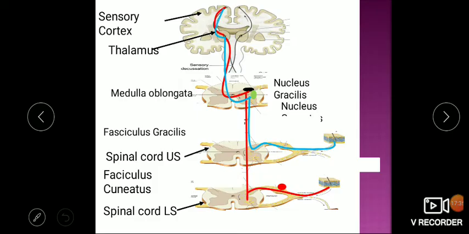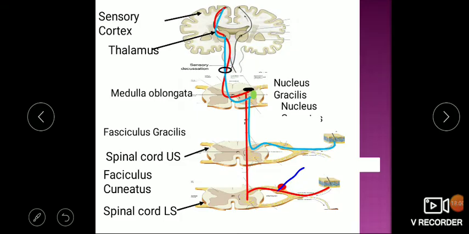Fibers are going like this. So this is the first order neuron of both, which is going up to the medulla oblongata. These are the second order neurons, which cross and go from the medulla oblongata on the opposite side to the thalamus. And this is the third order neuron, which arises again from the thalamus and goes up to the sensory cortex.